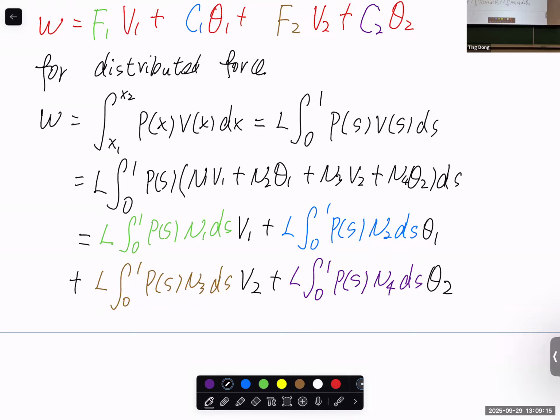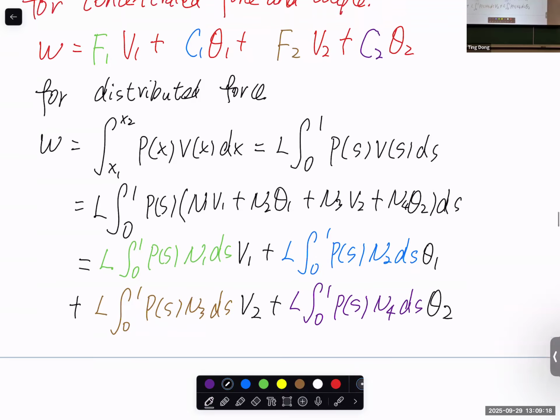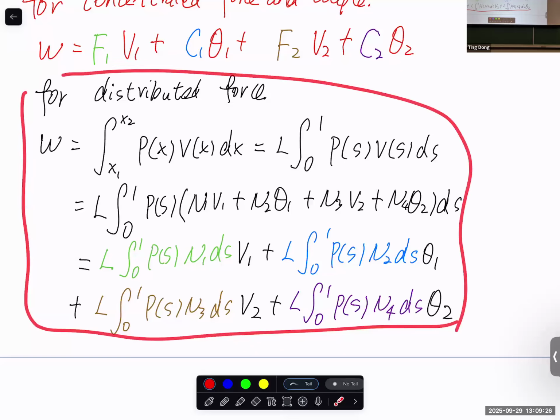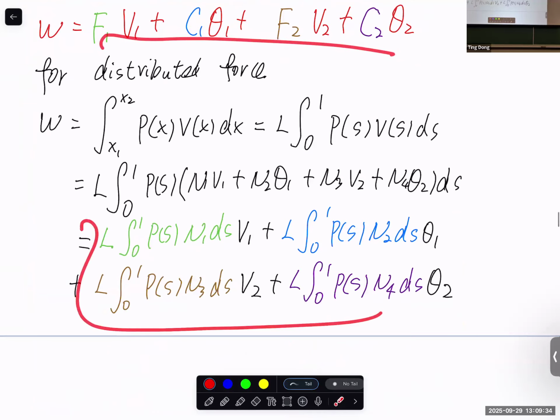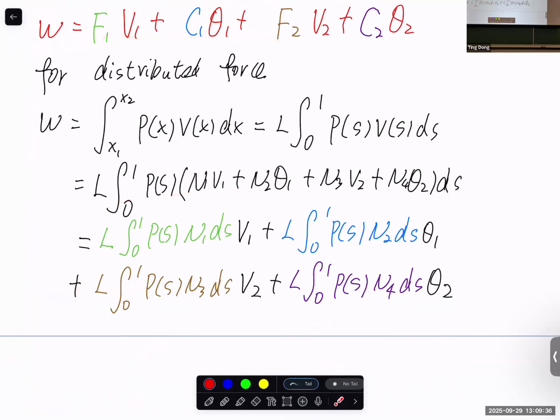Are we done? Now you can compare these two. Work equivalent nodal force means the work done by our original distributed force should be equal to the work done by our equivalent nodal force. So this one and this one should be the same, and I intentionally use different colors.